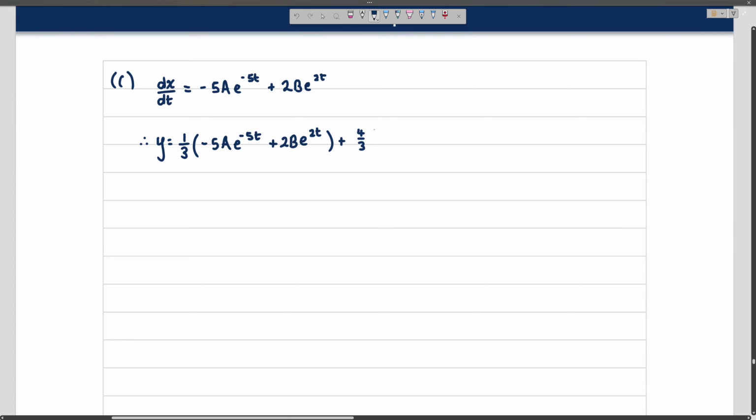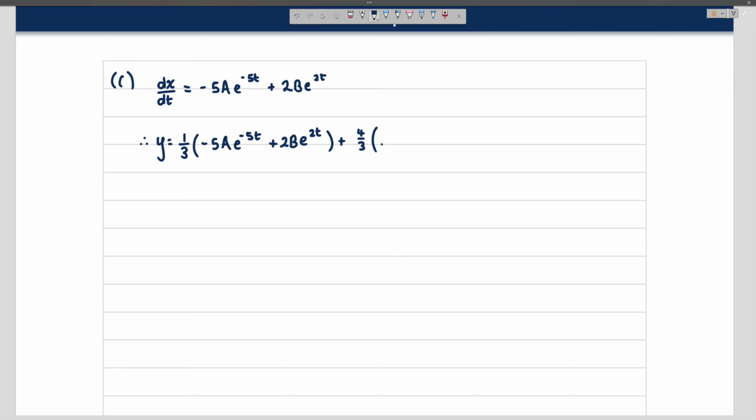Okay, so altogether then, we get 4 over 3, ae to the minus 5t plus be to the 2t.